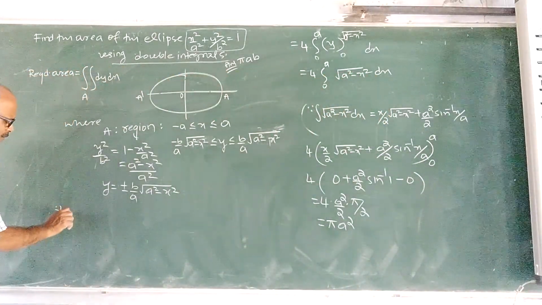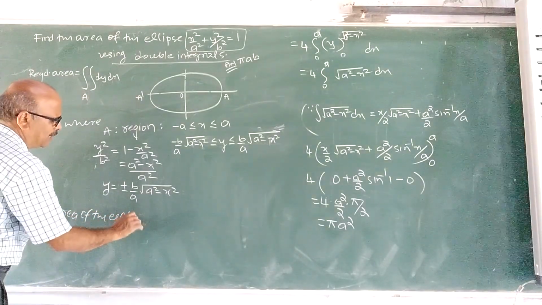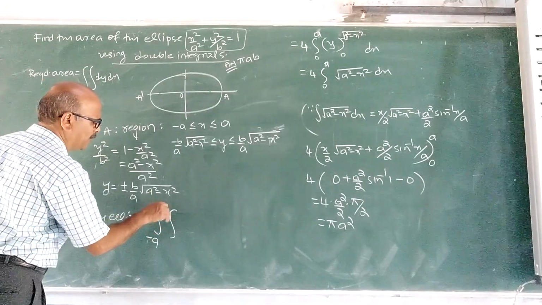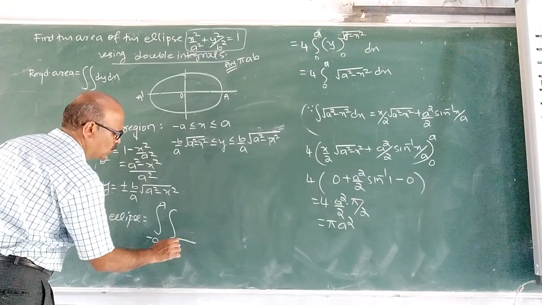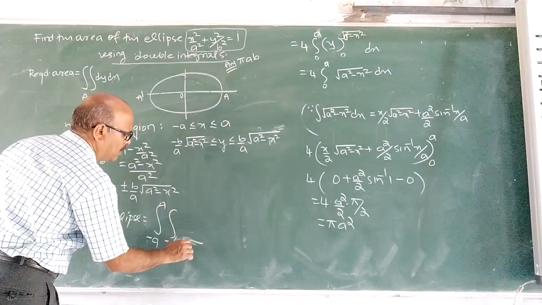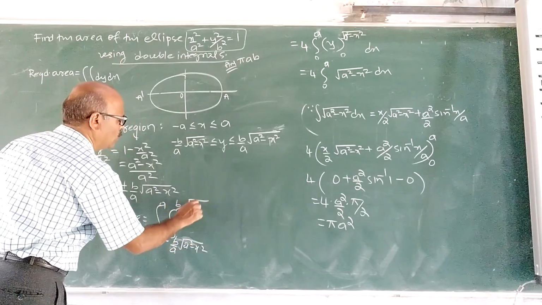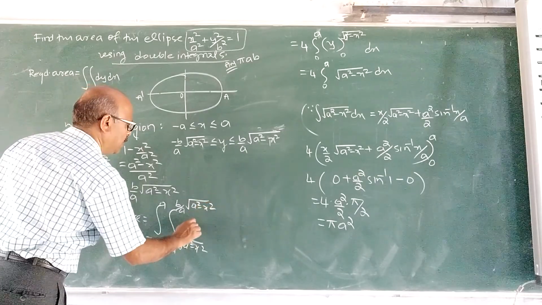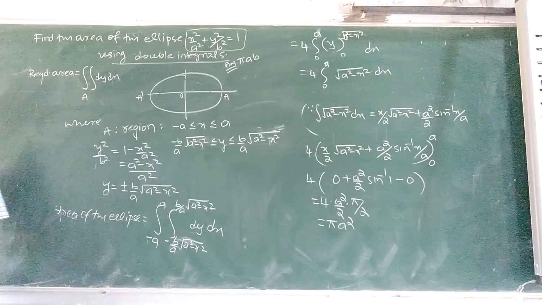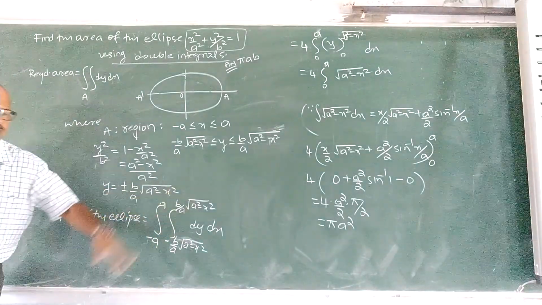Therefore area of the ellipse is the double integral minus a to a, minus b by a root a square minus x square to plus b by a root a square minus x square, dy dx. Limits of y are minus b by a to plus b by a root a square minus x square.